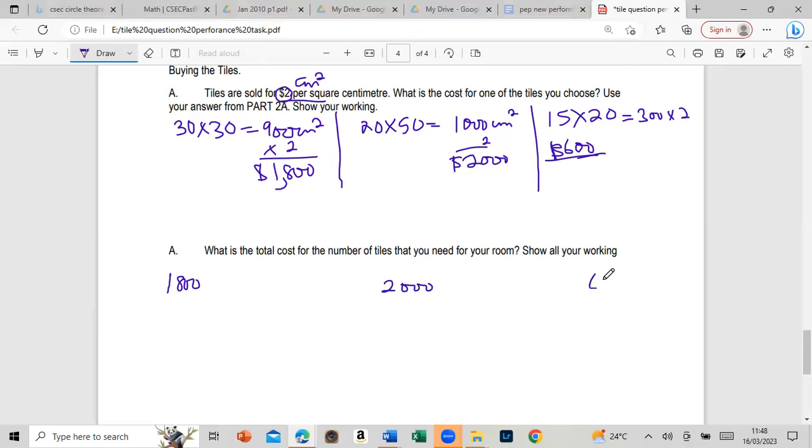Each tile has a different cost, and we have a different number of tiles for each one of them.